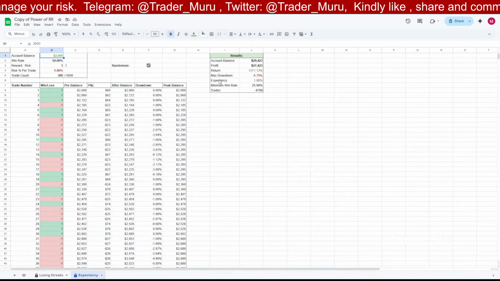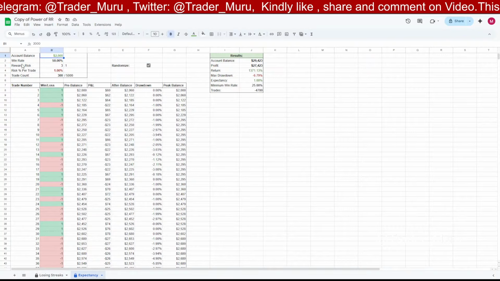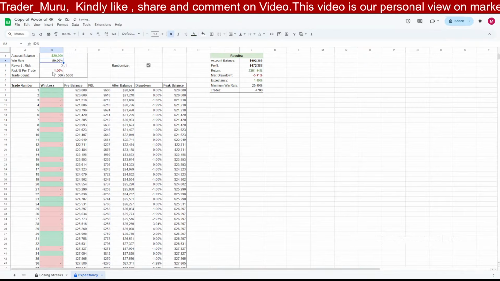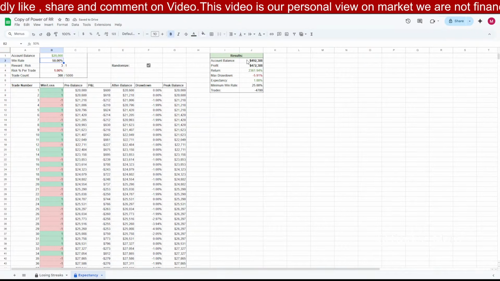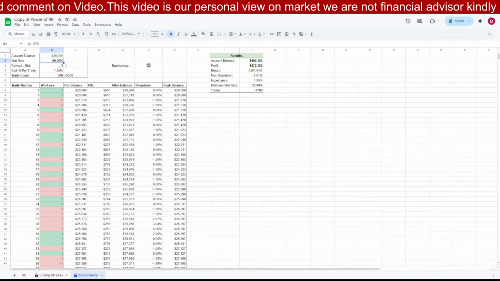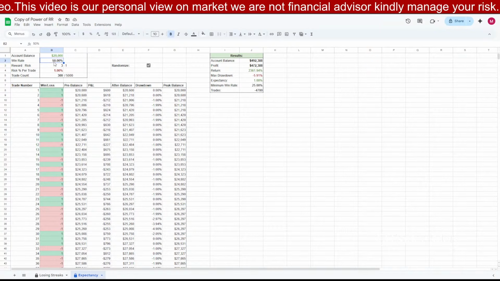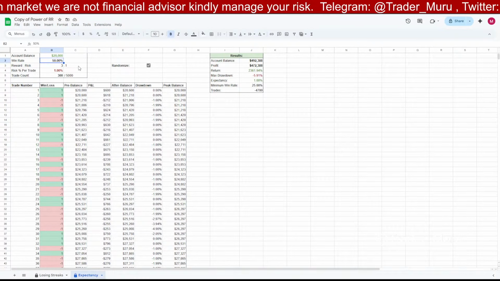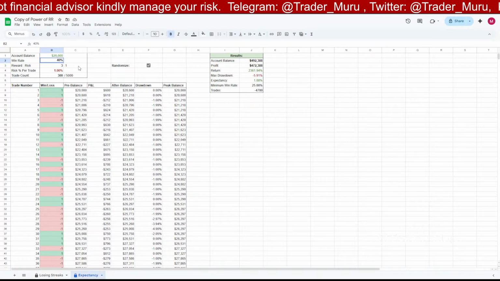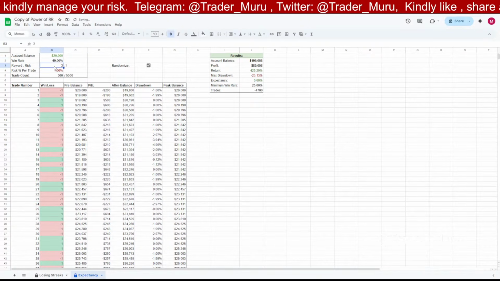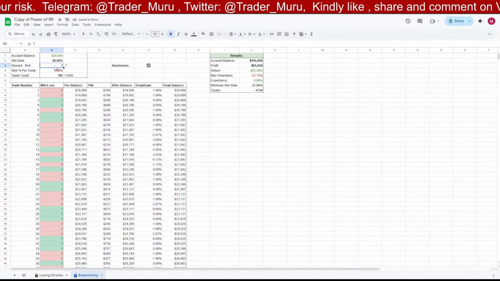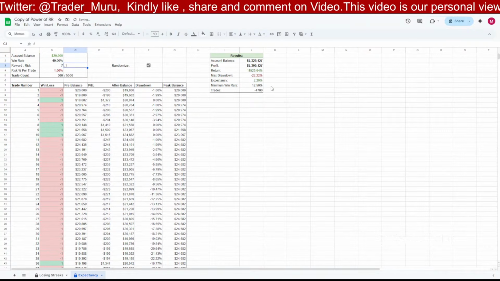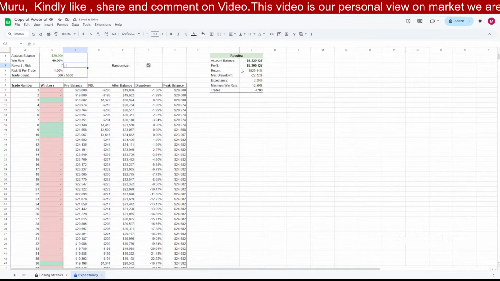So risk management is very much important. If you are starting with 20,000 with 1% risk, this will be your account after 300 trades. If you are using 1 to 3 risk reward, my accuracy is, what can I say, 40%, and my risk reward is mostly 1 to 7. So this will be my account after 300 trades.